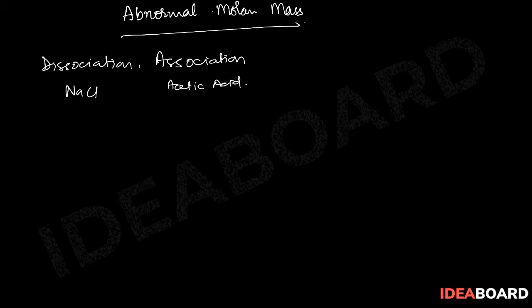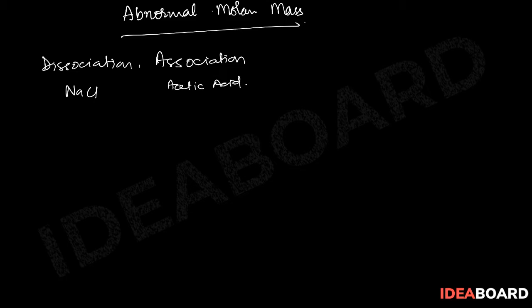Now what happens? We know that a colligative property is a property which depends upon the number of particles in the solution. When we dissolve NaCl or similar ionic compounds, the number of particles will increase.